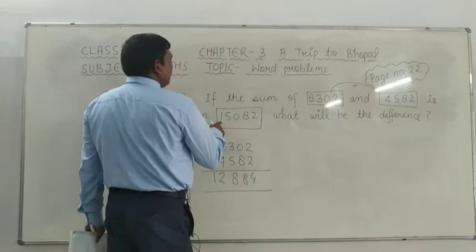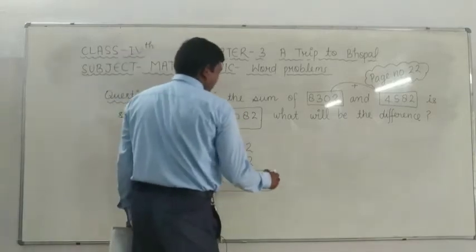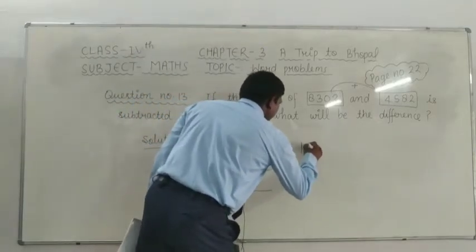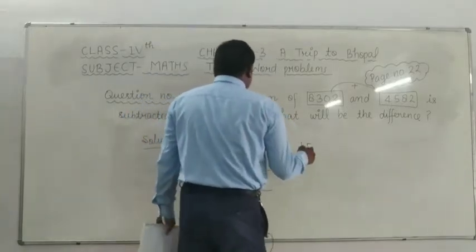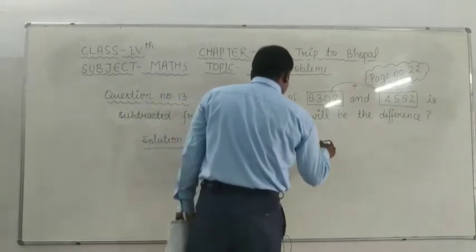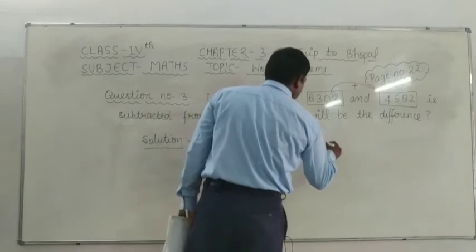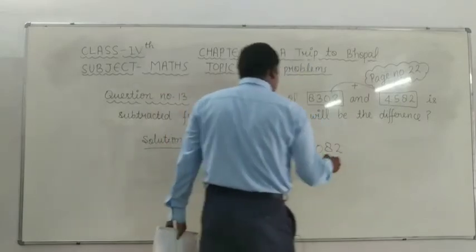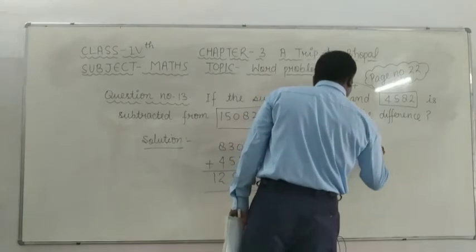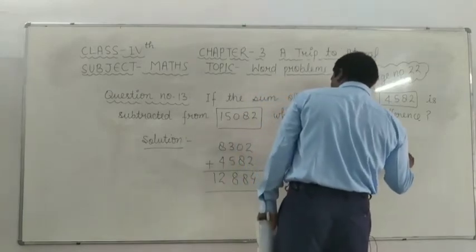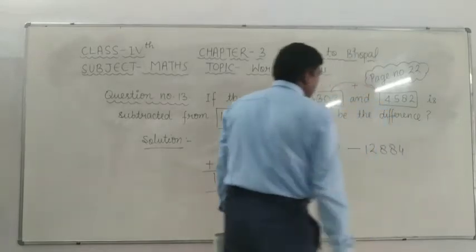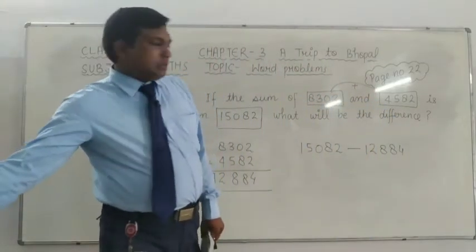Again we have to subtract 12,884 from 15,082. Look here carefully. We have to take the difference of 15,082 and 12,884.